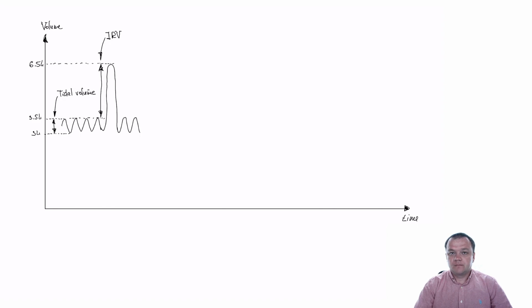After expiring a tidal volume, we are capable of exhaling an additional volume of air. So let's say from 3 liters we are reducing lung volume to 1.2 liters by exhaling additional air. And this volume is called expiratory reserve volume, or ERV.